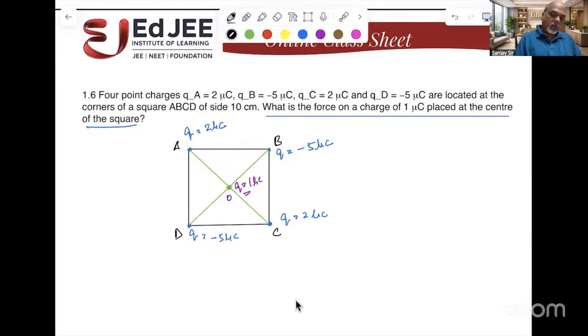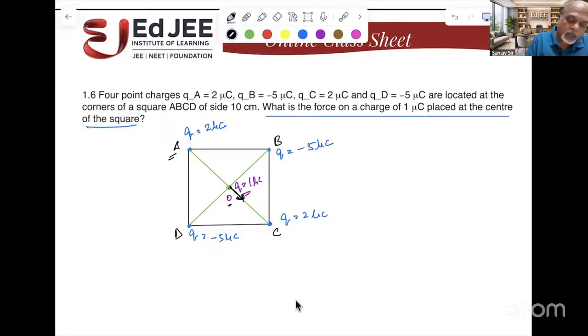The charge at A and the charge at O are positive in nature. So what will happen? It will repel this charge like this. Correct?